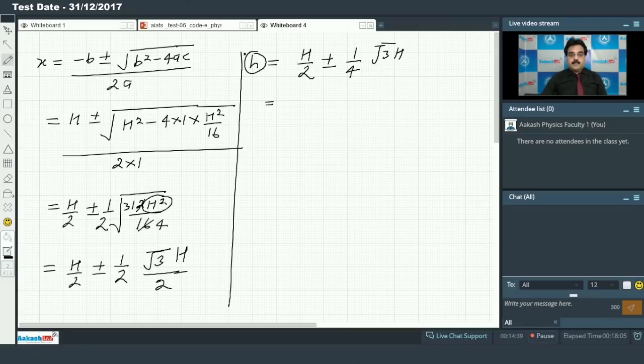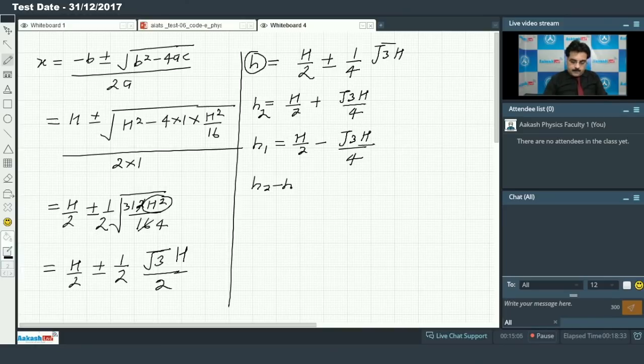and this is the value of small h. But as per the diagram, if I go for h2, because h2 is the position of the second hole from the free surface, we'll write the positive sign: H by 2 plus root 3 H by 4, and h1 is the position of the first hole from the free surface, so we'll take H by 2 minus root 3 H by 4. But I need to calculate h2 minus h1 because I want to calculate the separation between these two holes.